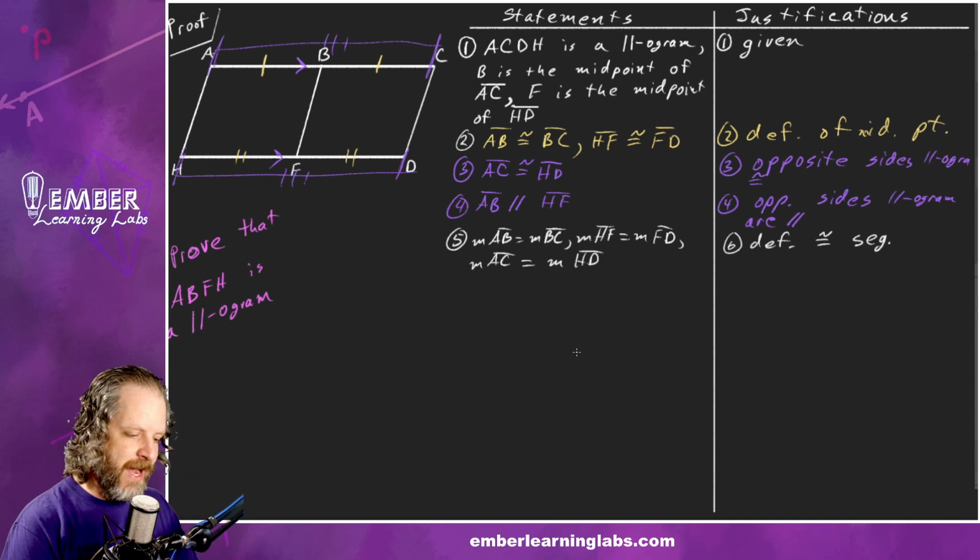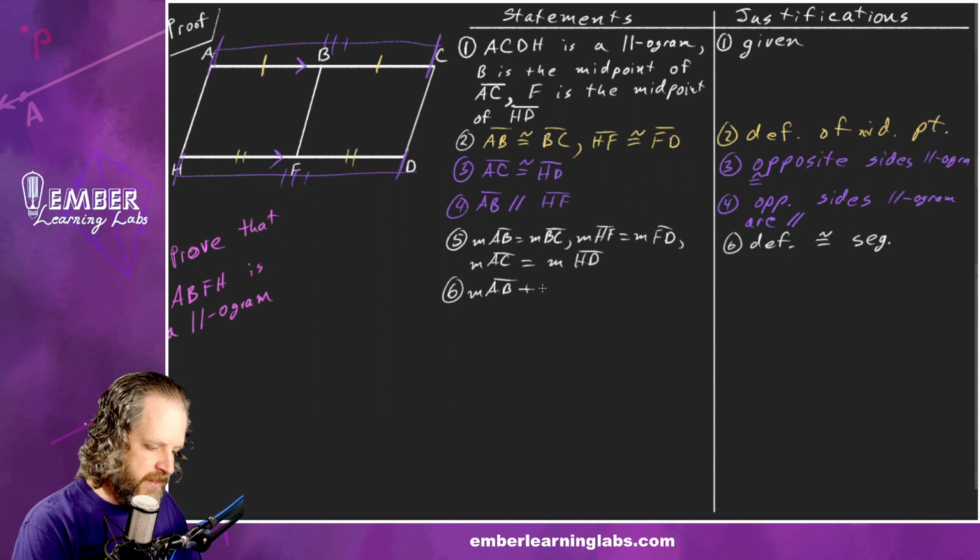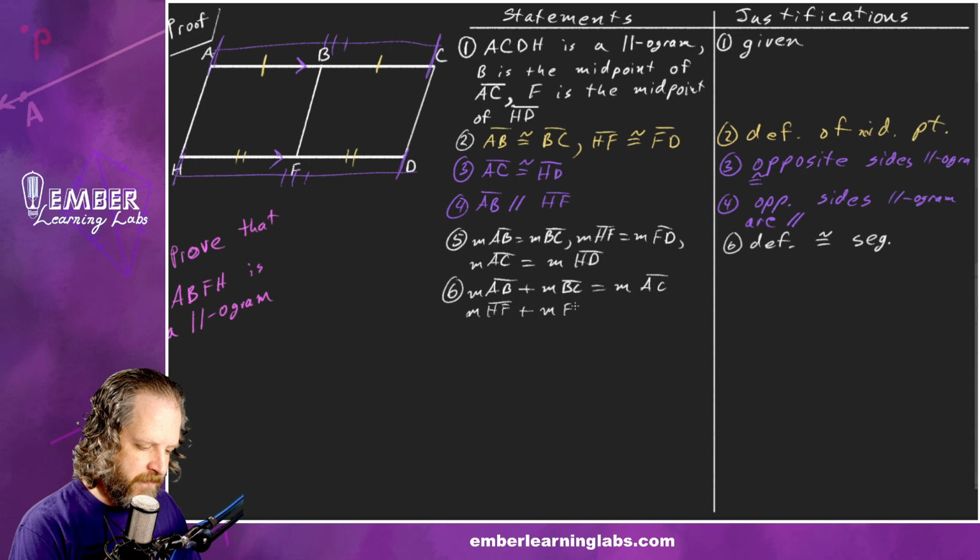All right. So now we can start substituting. Well, no, we're just kidding. We can't. We've got to do segment addition, right? So segment addition: we've got that the measure of AB plus the measure of BC equals the measure of AC, and let's go ahead and throw the bottom one on there, the measure of HF plus the measure of FD equals the measure of HD.